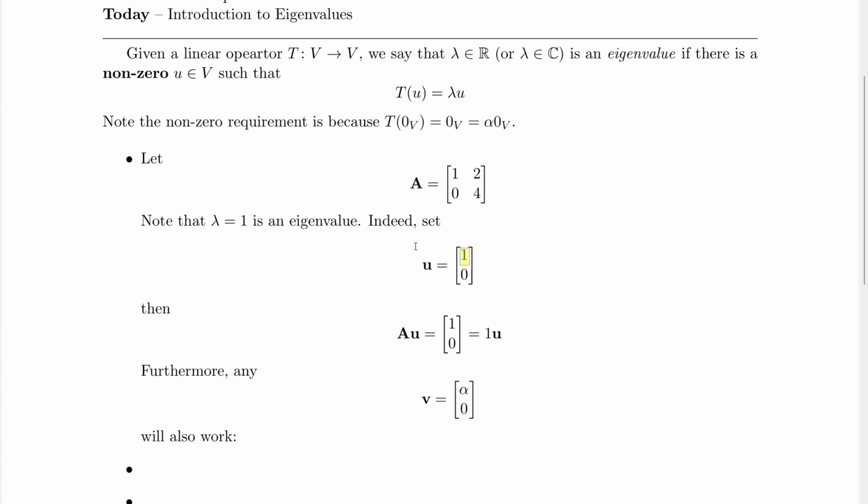So if I were to look at the vector v, where v just has some alpha up there, I don't care what that is, if I do the matrix multiplication for this, so if I look at A times this vector, note that you'll just get that vector back.